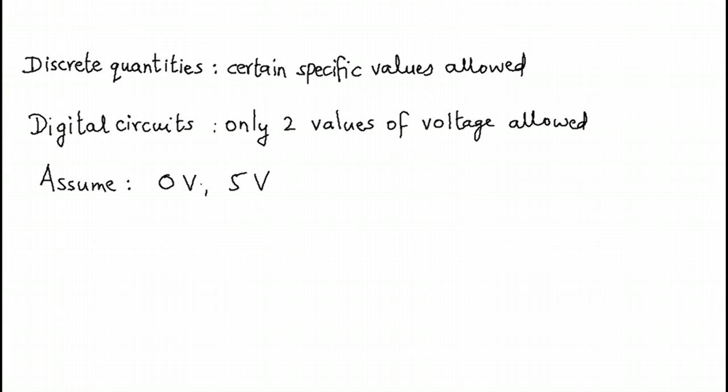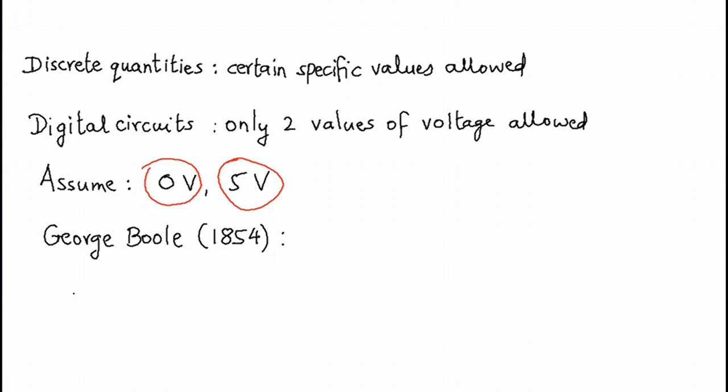Now, the fact that you can have only two voltages in a digital circuit has a connection with a certain branch of mathematics which was developed by the English mathematician, logician and philosopher George Boole in 1854. This branch is called Boolean algebra, and it is connected with mathematical logic.